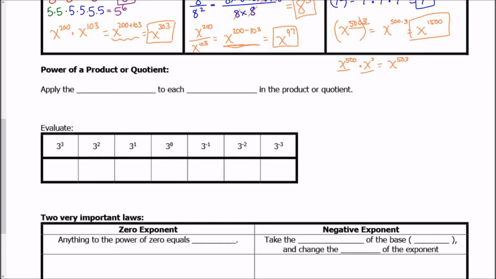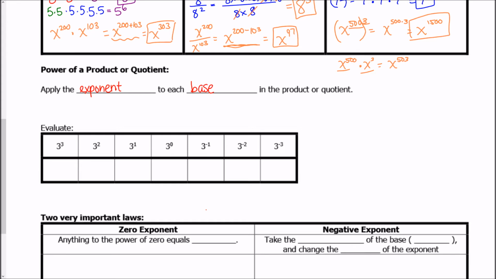Okay, last review part until we get to the new stuff. So if we have a power of a product or quotient, what we need to do is apply the exponent to each base in the product or quotient.